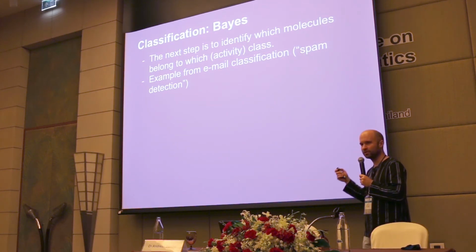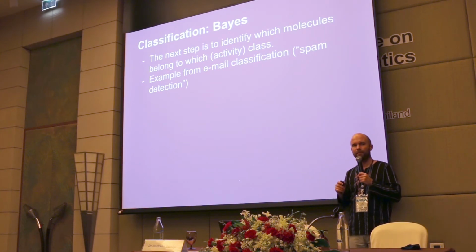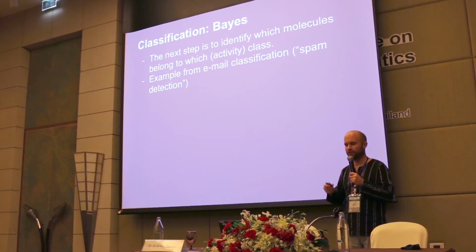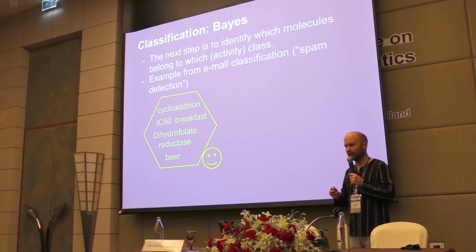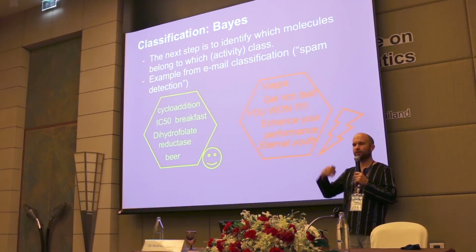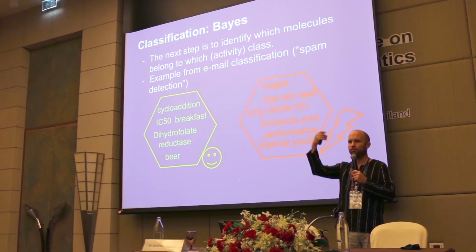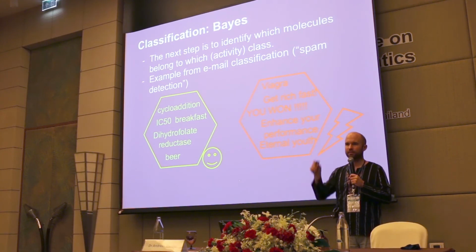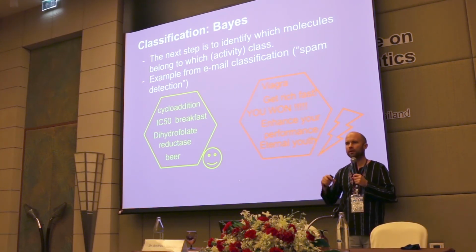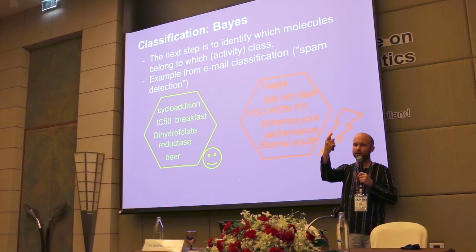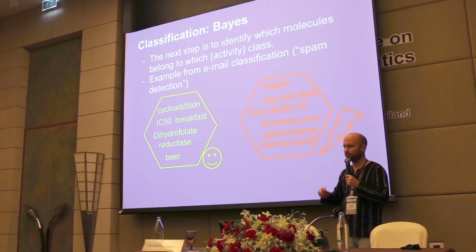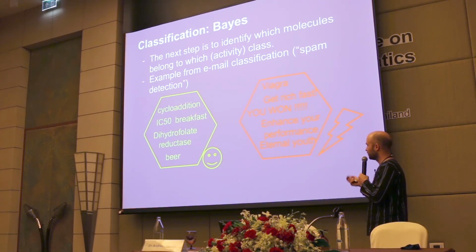And so we use something that's called the Bayes classifier. Something you might know from spam detection as well. It's a very simple concept. You have two classes, so you have active and inactive compounds, or emails you want to read and spam emails, and those emails or compounds contain features that are associated with your activity or inactivity. Same with the words in the emails you receive.